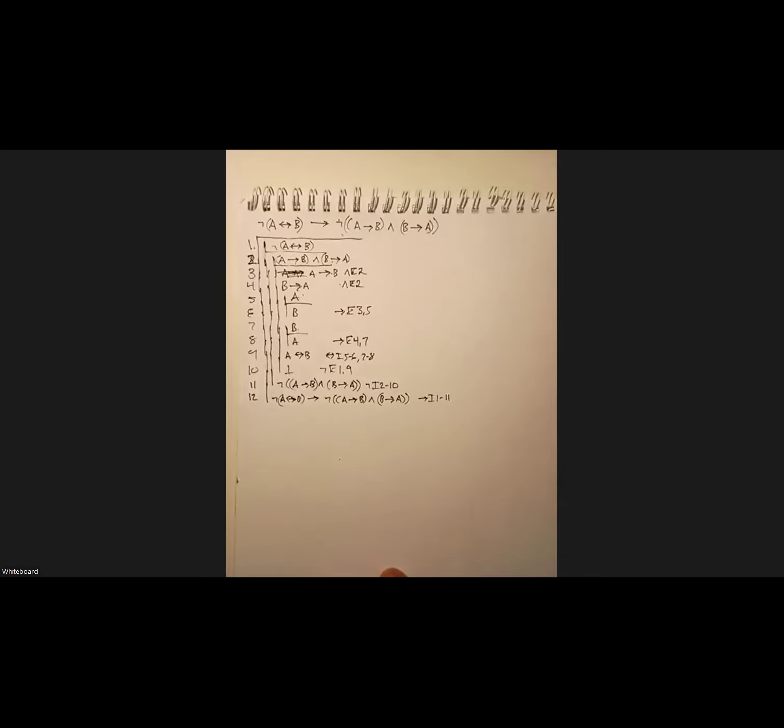I have one question about the last one because it's so many negations. We assumed that the negation of the biconditional A and B is true. Then what we come up with at the end, the negation of the consequent of the final part, that still means it's true, right? Yes. Importantly, what it means is that the negation is true.